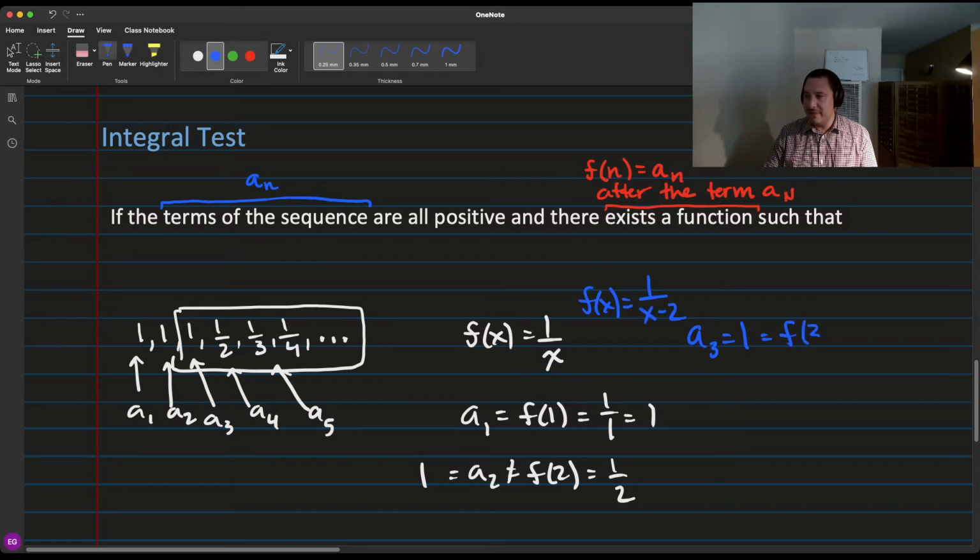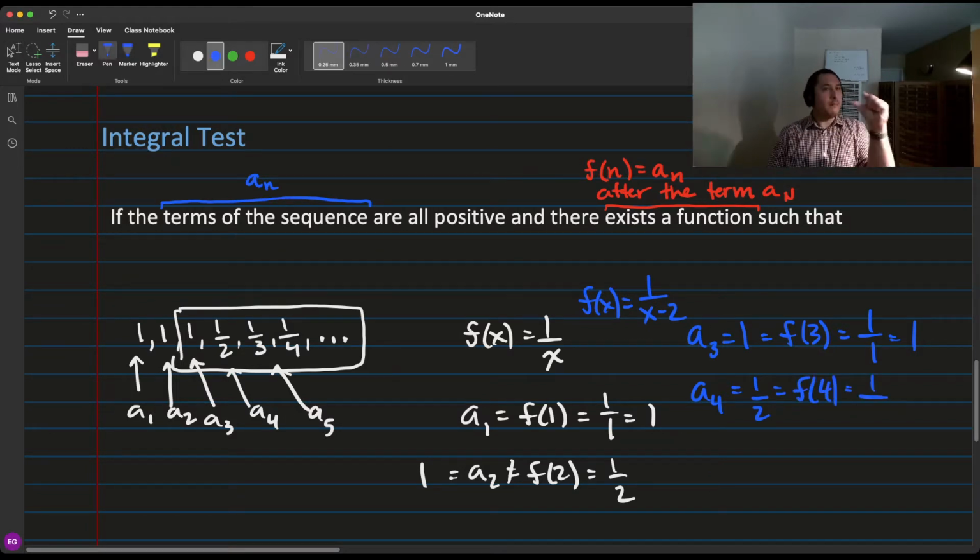Because then f of 3 will be equal to 1 over 3 minus 2, and 3 minus 2 is 1, and 1 over 1 is 1. They match. a_4 is 1/2. For f of 4, you do 1 over 4 minus 2; 4 minus 2 is 2. That gives you 1/2.